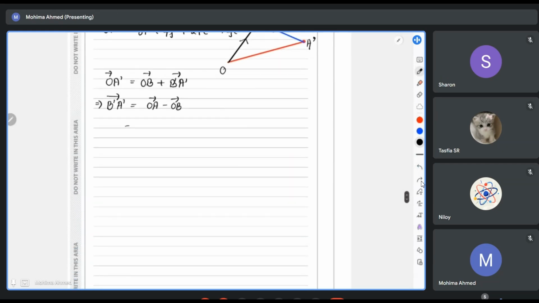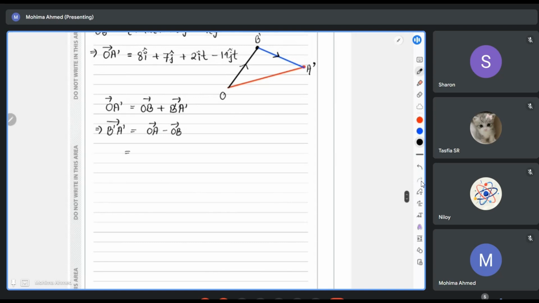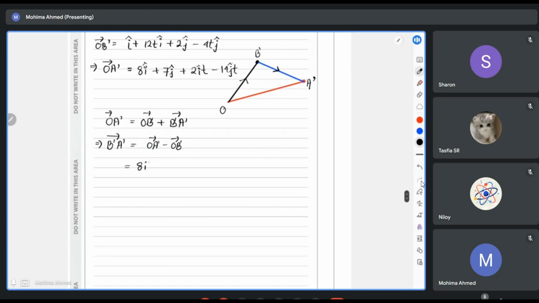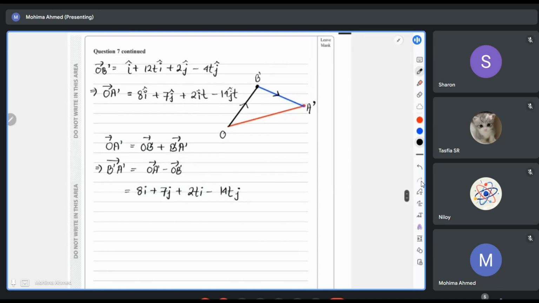And then after this, OA was like this, this time this is actually O prime B prime, right? OA prime B prime. So OA over here was 8i plus 7j plus 2ti minus 14tj, and this will be entirely subtracted from this. So I over here is going to be negative 12ti minus 2j and plus 4tj.